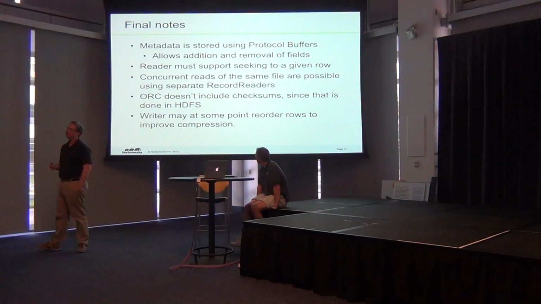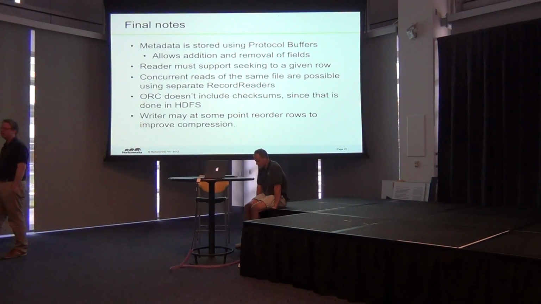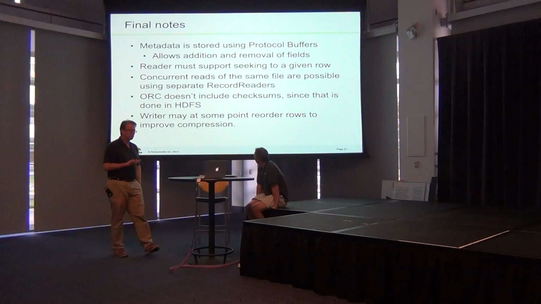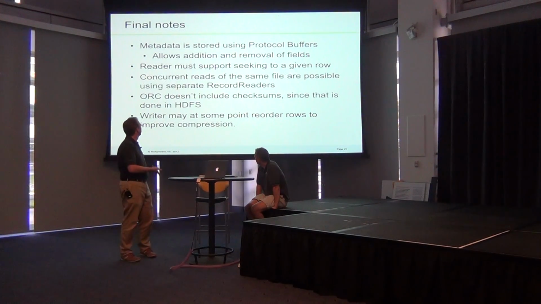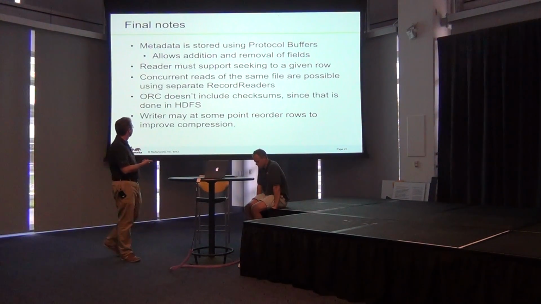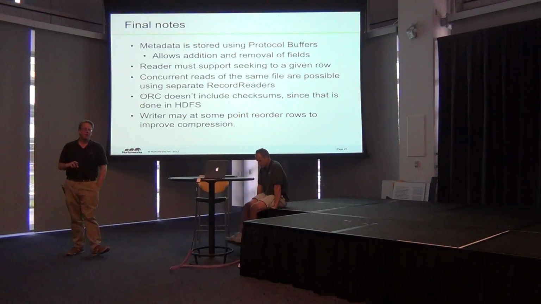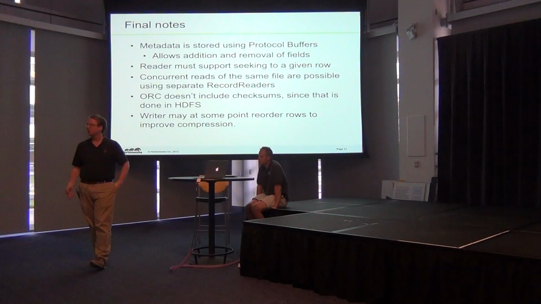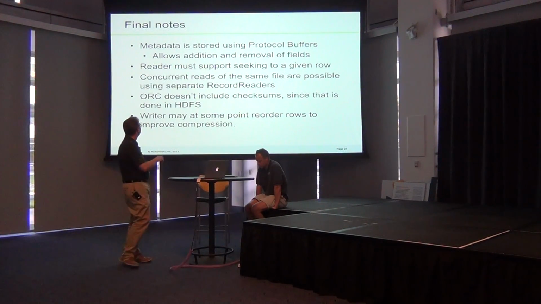All of the metadata in ORC is encoded in protocol buffers so that we can add and remove fields as we need. Like I said, we can seek to an individual row, so that if you make an index on top of ORC, you can seek to the row efficiently. Unlike a lot of parts of Hive, I actually worry about concurrency, and so you can have multiple row readers running at the same time.